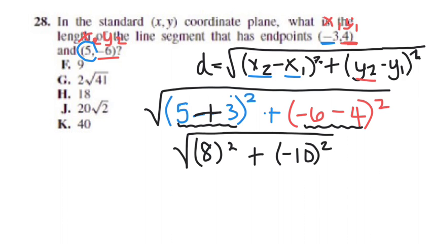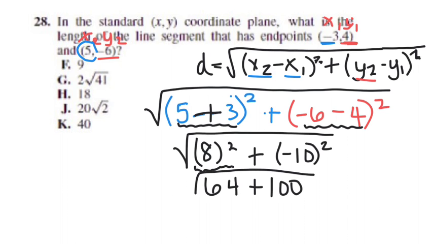PEMDAS tells you to square before you add, so 8 squared, 8 times 8, is 64, plus (-10) squared, which is -10 times -10, which is positive 100. If you use your calculator for this, you have to put in the parentheses when you square a negative.